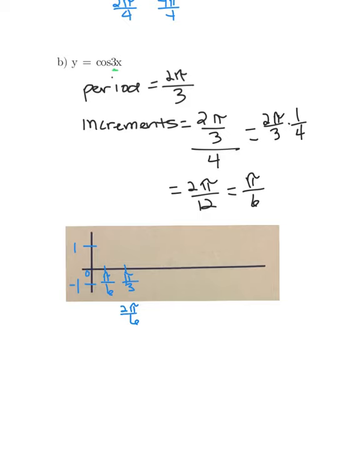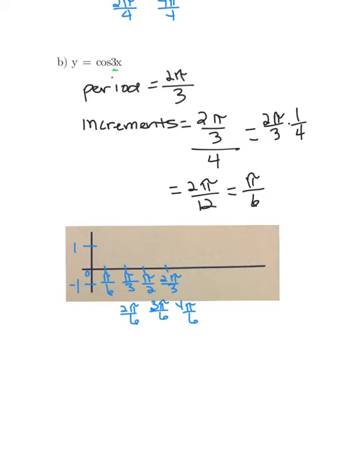Add another pi over 6 to that, you're going to get 3 pi over 6, which simplifies to be pi over 2. Add another pi over 6 to that, you're going to get 4 pi over 6, which simplifies to be 2 pi over 3. Now we have our 4 equal parts, and if you'll notice, it's actually 5 label numbers. This will always be the case. In order to create 4 equal parts, you must have 5 total labels.